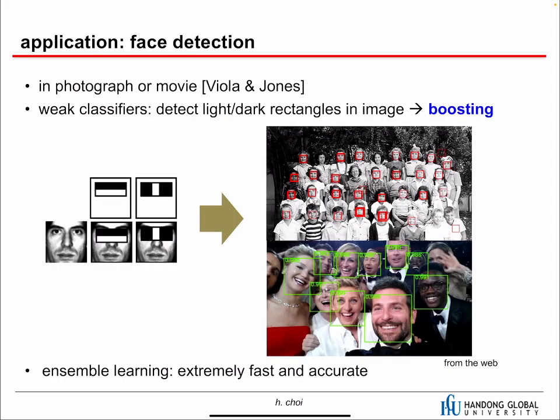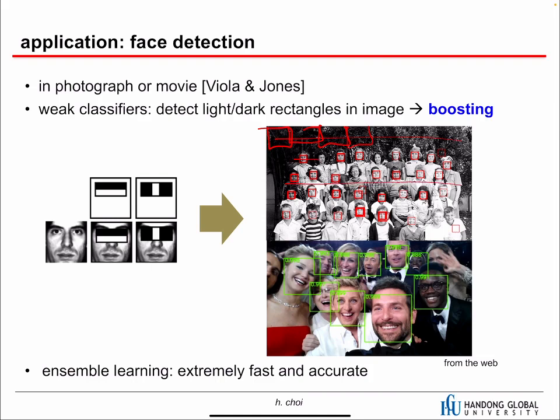Okay, now we have a couple of applications. Face detection. In this case, we use a simple weak classifier first because we have a lot of face images. If we apply a deep neural network, a really complex model every time, then it takes too much time. So first we use a simple classifier really quickly.